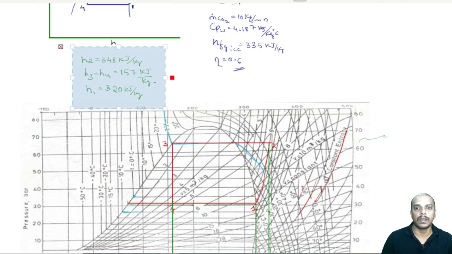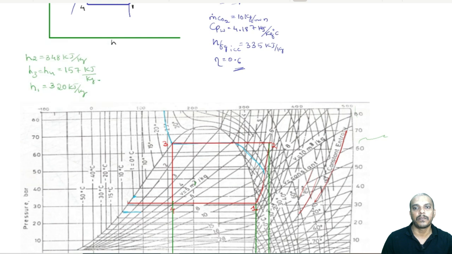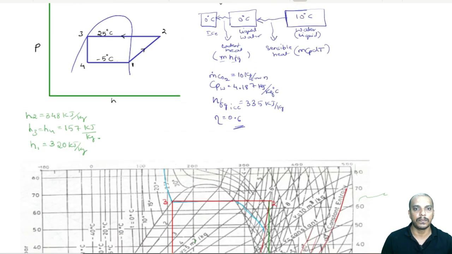Now, as usual, we will solve this equation. We have this equation COP is equal to heat removed divided by the work supplied to the compressor.